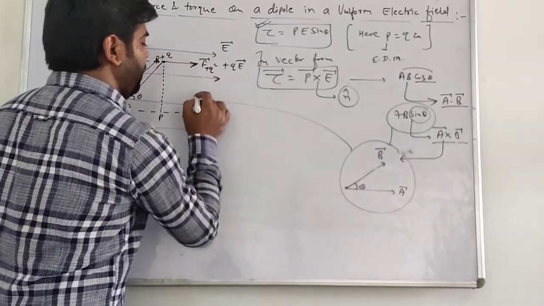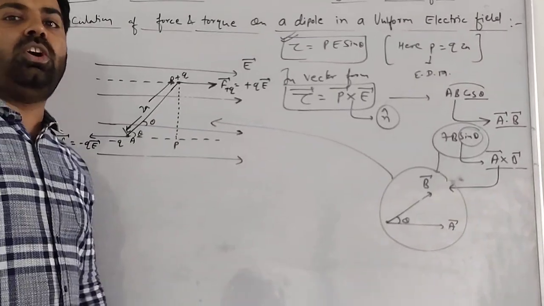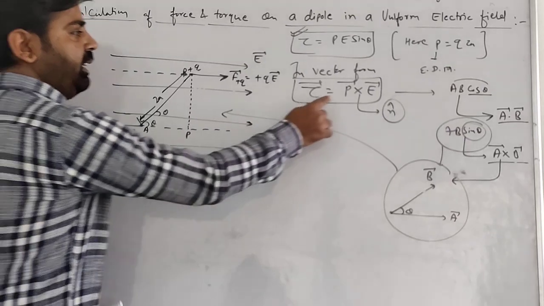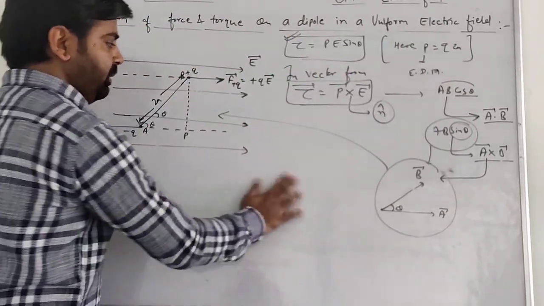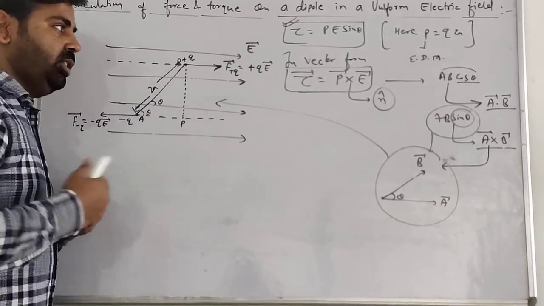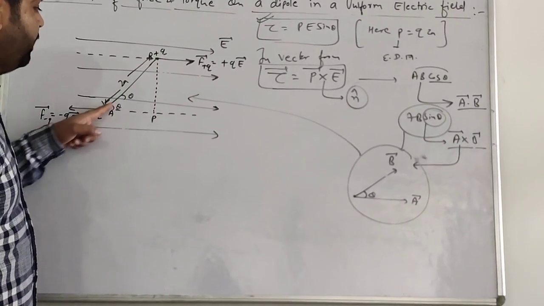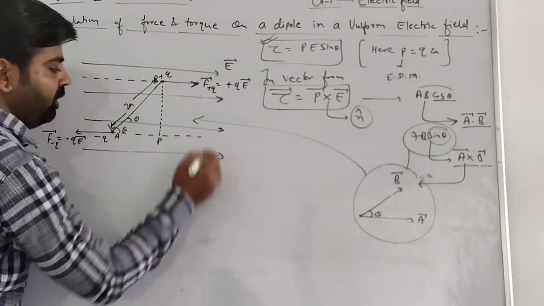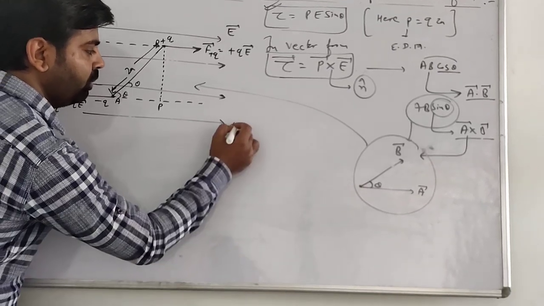Similarly, we discuss the electric dipole torque direction. First vector is P vector and second vector is E vector. We draw the P vector and E vector. As we know, the direction of P vector is always from minus q to plus q. So the direction of P vector, the electric dipole moment, is minus q to plus q.